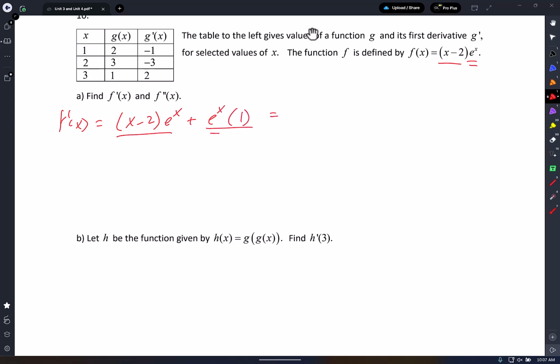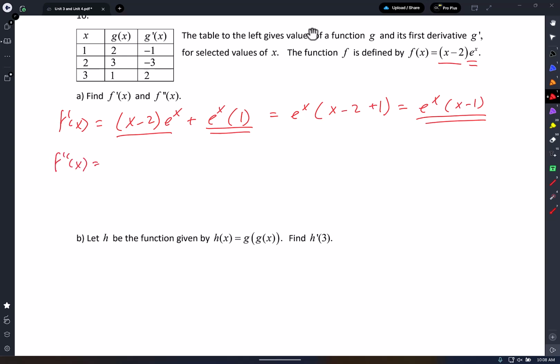And I guess factor out an e to the x. If you factor out an e to the x, you're going to get x minus 2 plus 1. So e to the x, and negative 2 plus 1, that's minus 1. So x minus 1. You didn't have to do that, guys. You could have left it alone right here, but I think it's just easier.